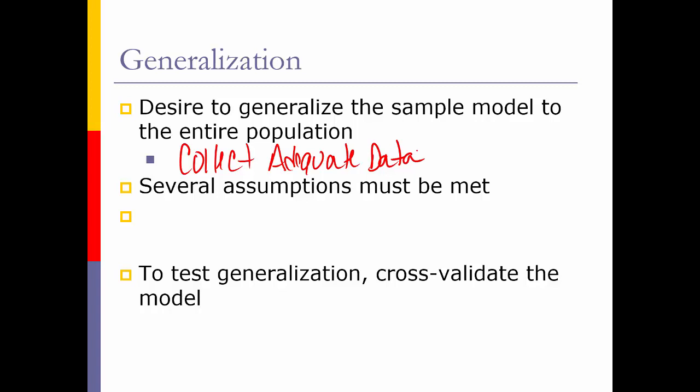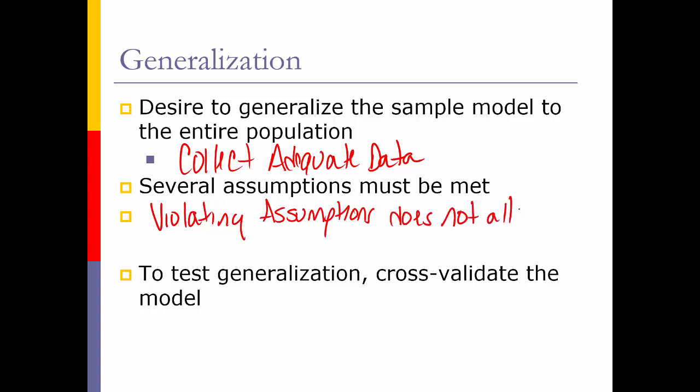There are several assumptions that have to be made for the generalization, and obviously violating these assumptions does not allow any generalization, which means we cannot draw any conclusions about our target population.